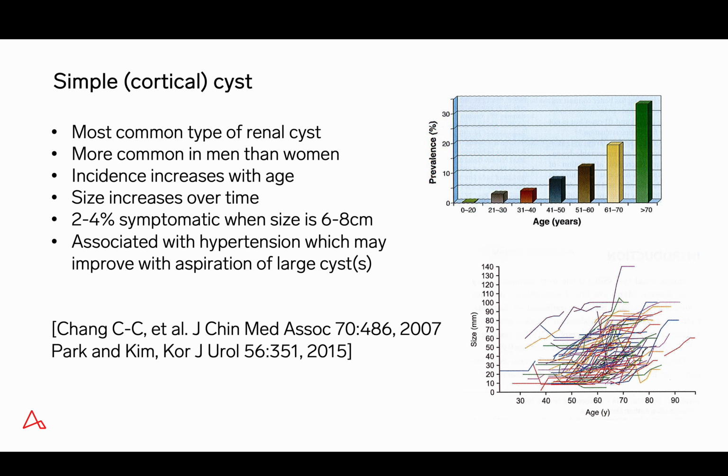Simple cortical cysts are the most common type of renal cysts. They're more common in men than women, and their incidence increases with age.